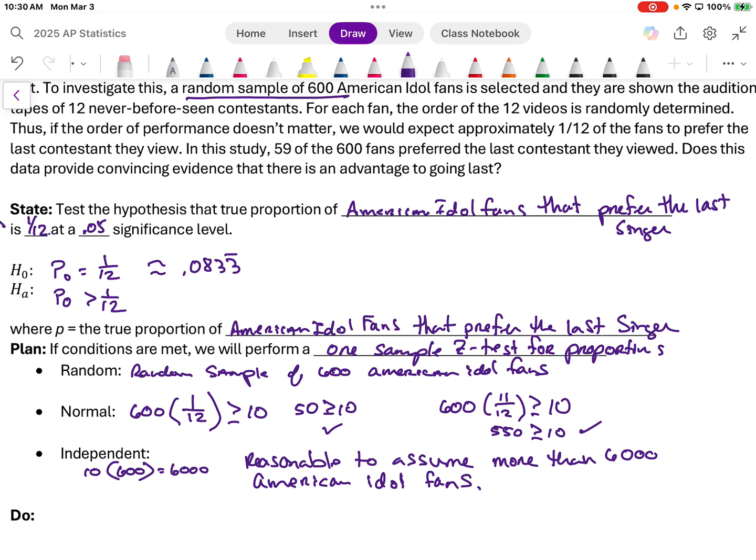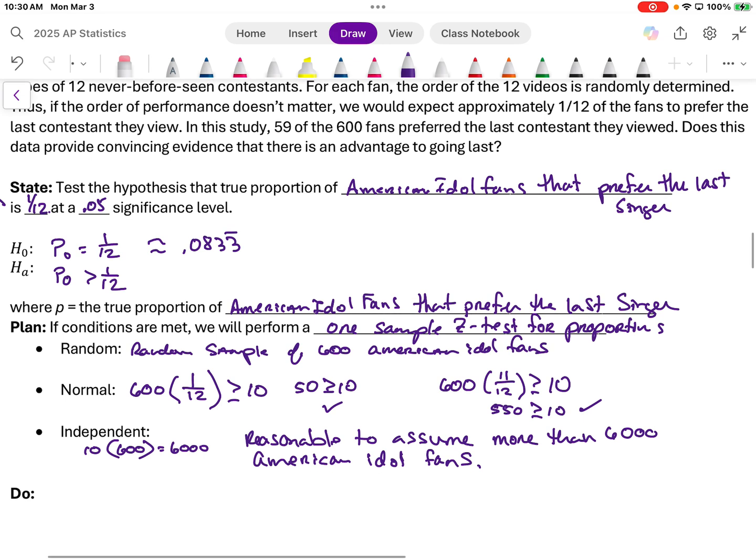Nope. So we met all three conditions, and we can go ahead and calculate.